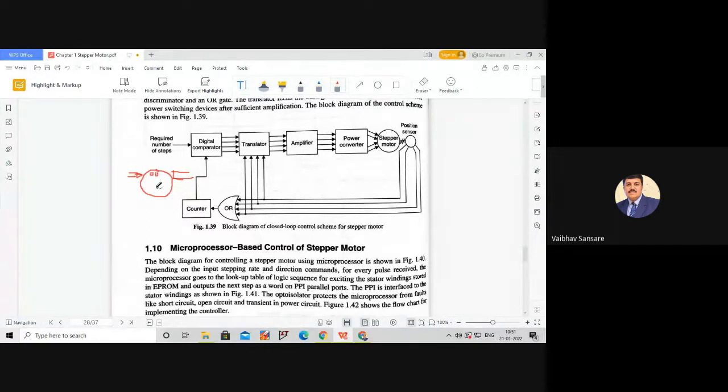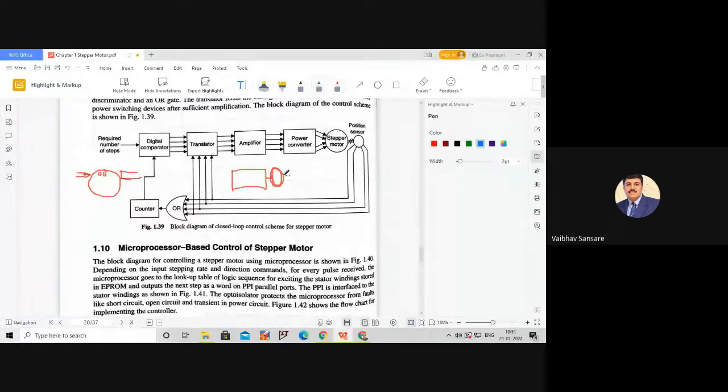If we draw a simple diagram of this stepper motor, on the shaft there is an opaque disc which has an equal number of holes on its periphery, and that number is equal to the number of teeth present on the rotor. On one side we use a photo emitter that emits the light signal.